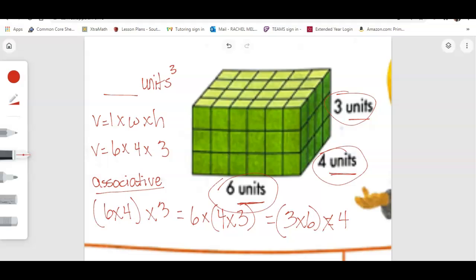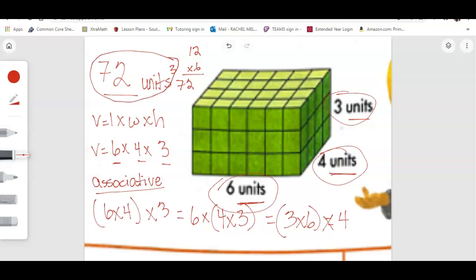I always like to do the ones that I can mentally in my head so I can have a little bit less work. So I know that 4 times 3 is 12. And I do know 12 times 6 in my head. 12 times 6 would be 72. So my answer here is 72 cubic units.